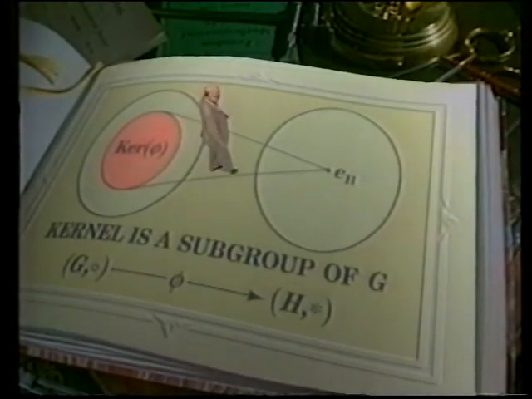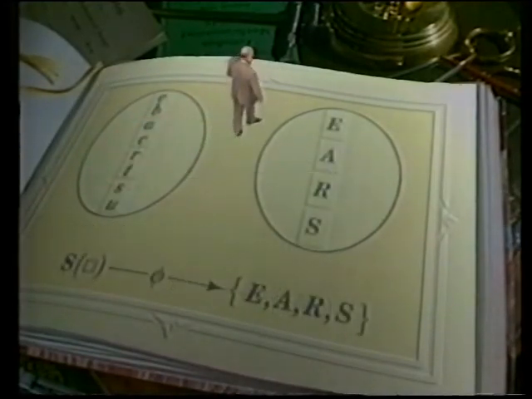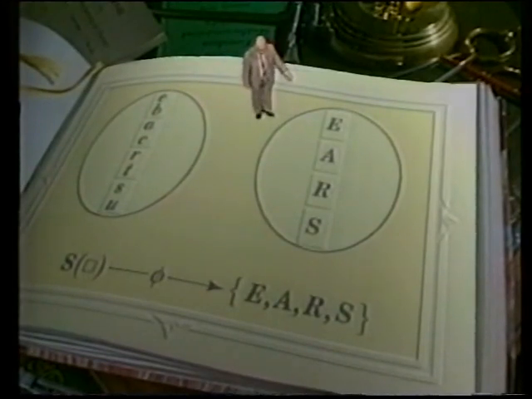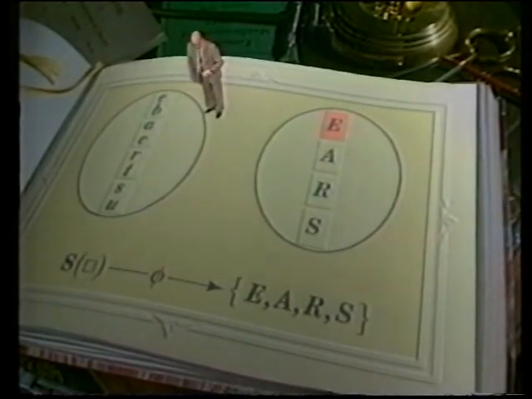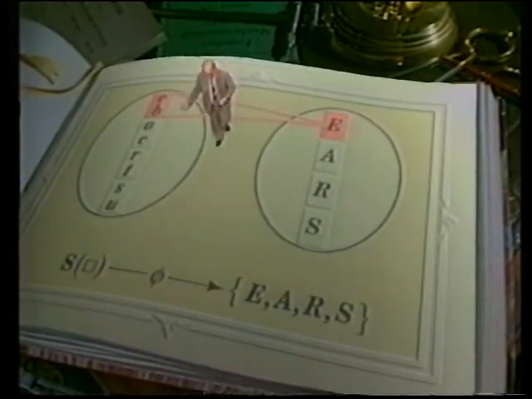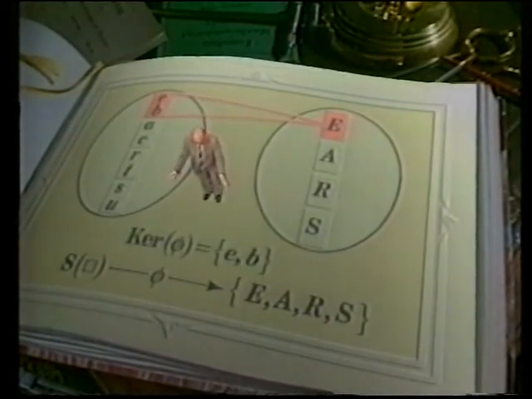Now, what's the kernel in our S-square example? Well, here, the identity element is the capital E. So, which elements from S-square get mapped to capital E? There are just 2, E and B. So the kernel of this homomorphism is the set EB, which we've already seen is a subgroup of S-square.